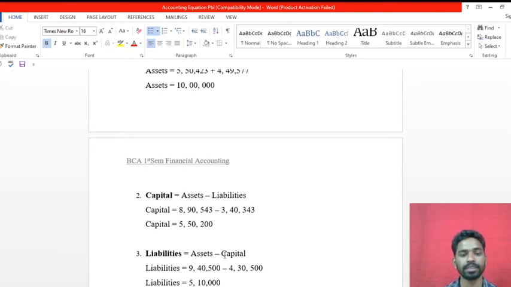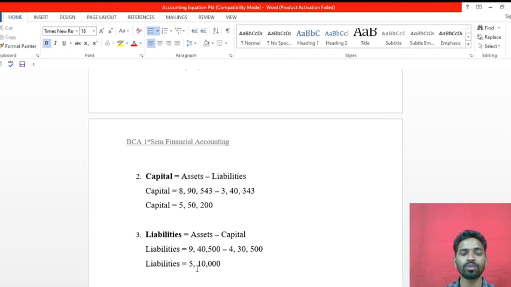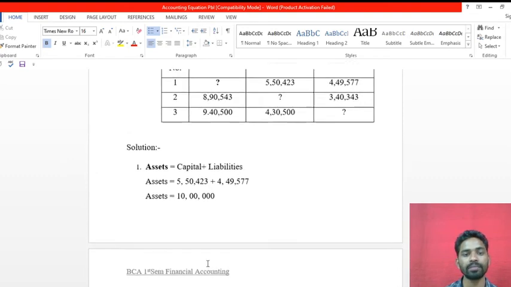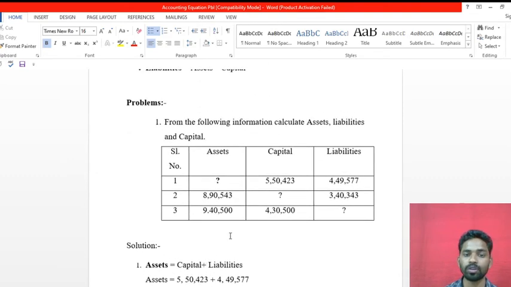Assets 9,40,500 minus 4,30,500. The remaining amount of liabilities is 5,10,000. Like this, problems will come in the exam for 2 marks or 5 marks.